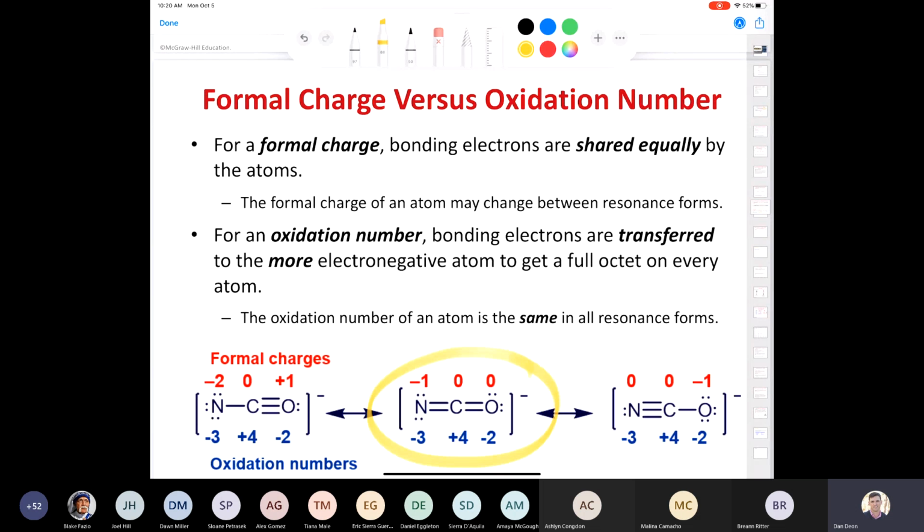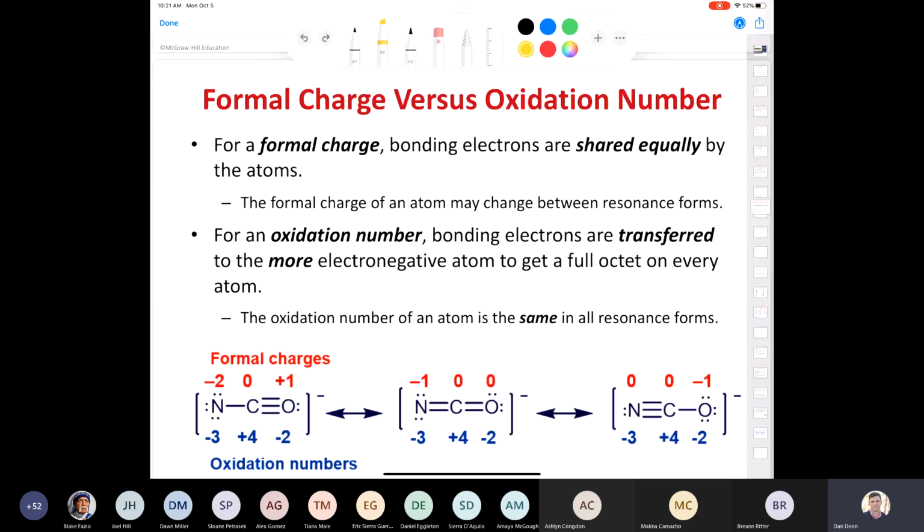You're not going to see sticks. You're not going to see the number -1, -3. These are just things that human beings have come up with to help us explain molecules, ions, atoms, different phenomena. And so formal charge and oxidation number both have their place, but they are different ways of electron bookkeeping.